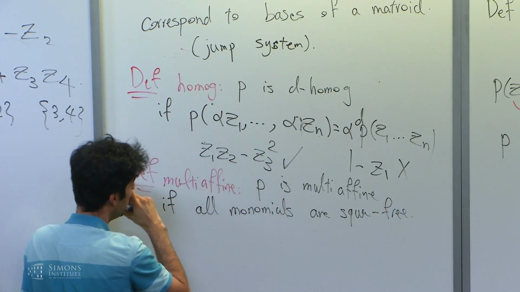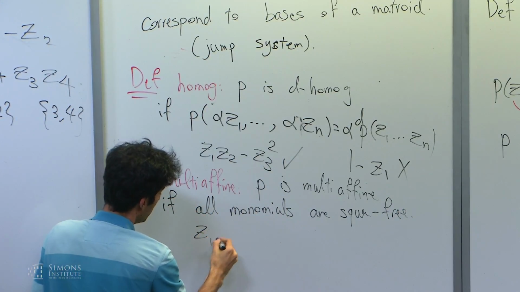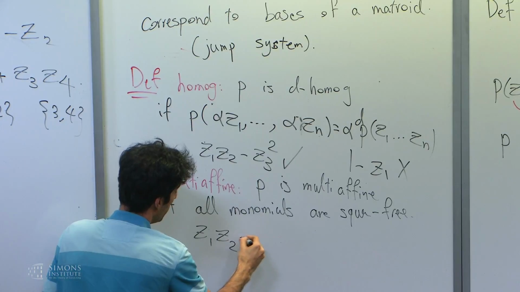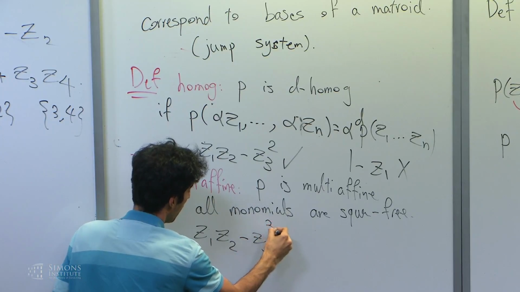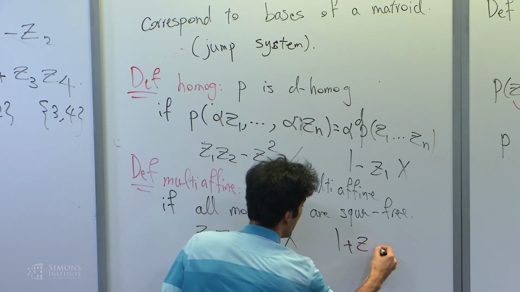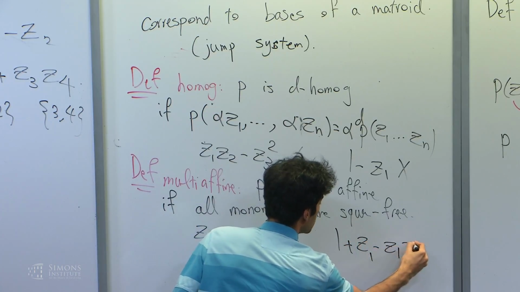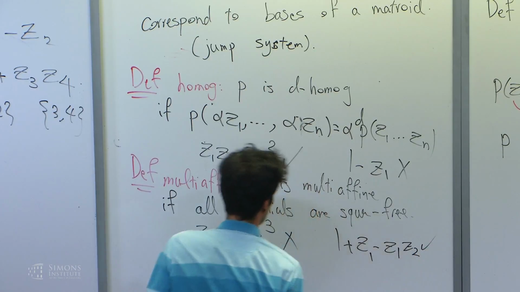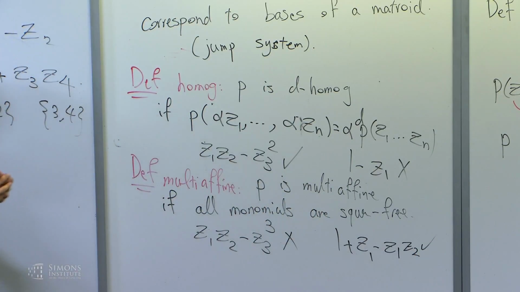So for example, Z1 Z2 minus Z3 cubed is a non-example, but 1 plus Z1 minus Z1 Z2 is an example. Okay, so this polynomial, for example, is square free and is homogeneous as well. Any question?